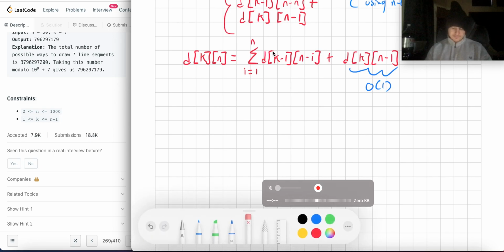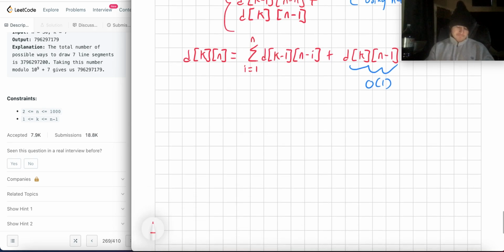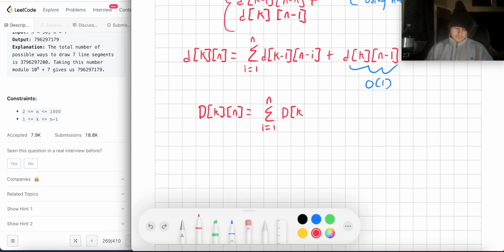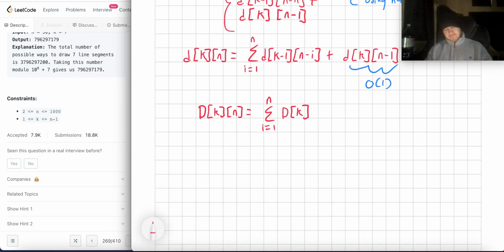Well, let's call big D of k, n equals the sum from 1 to n of d of k, n minus i.